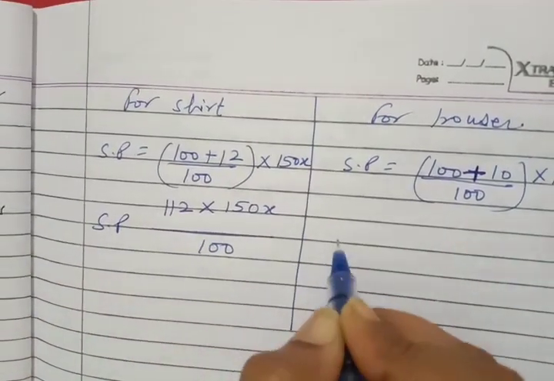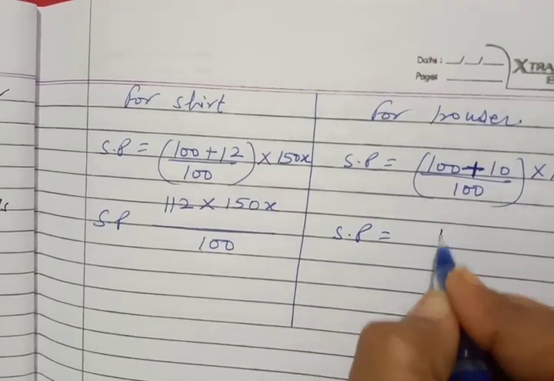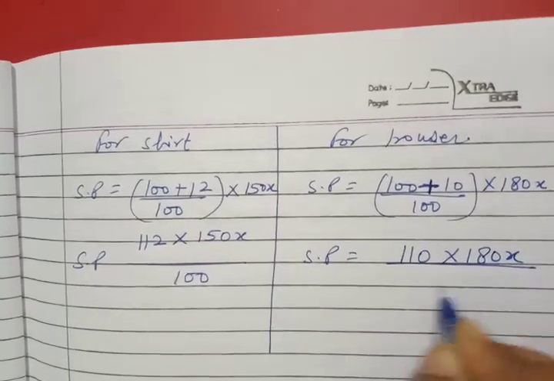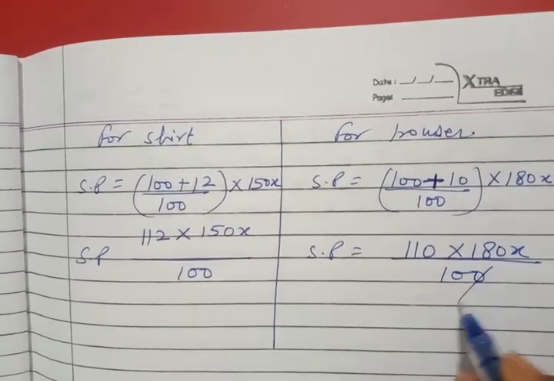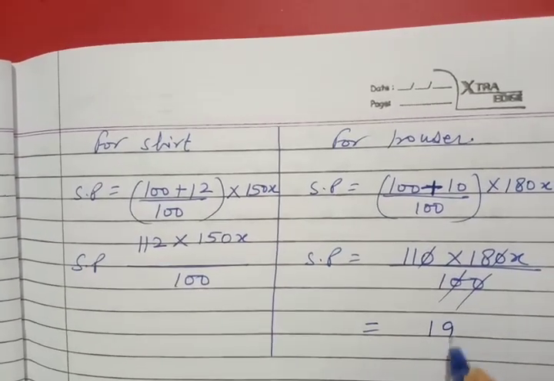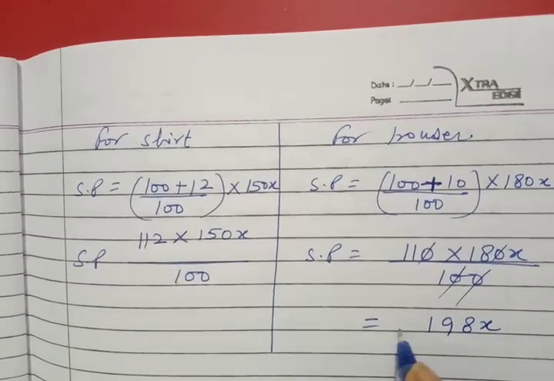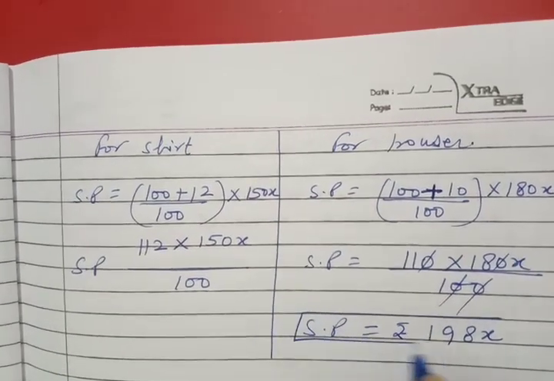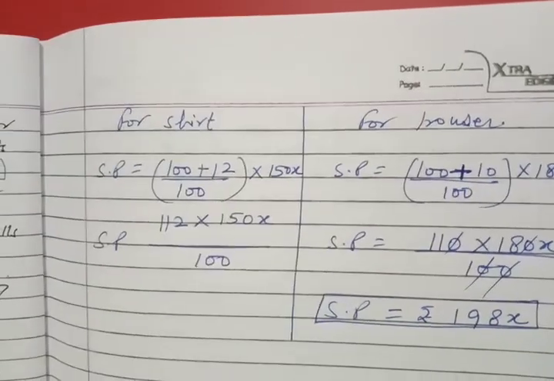And here also it is 110 into 180x upon 100. Now we can cancel this 0 with this 0, this 0 with this 0, and this is equal to 198x. So SP we have got of trouser is 198x.